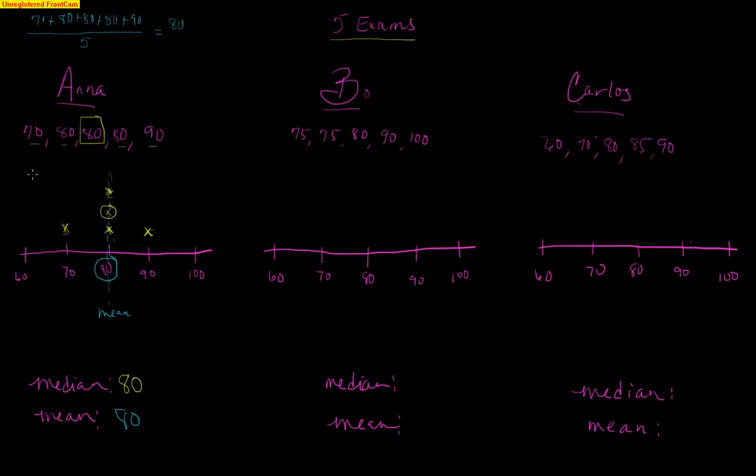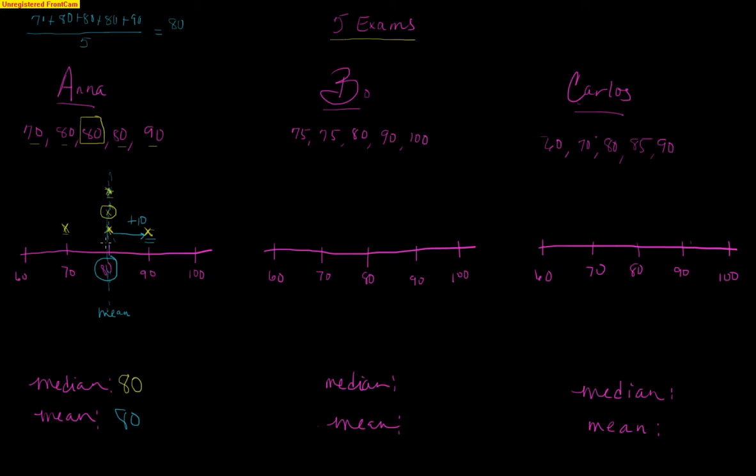Okay, but rather than counting up the number of data points on either side of it, what we're going to do is add up the distance between that mean, that line, and all the data on each side of it. So for example, if the mean is right here at 80, then this test right here, the 90, is 10 points above that mean.